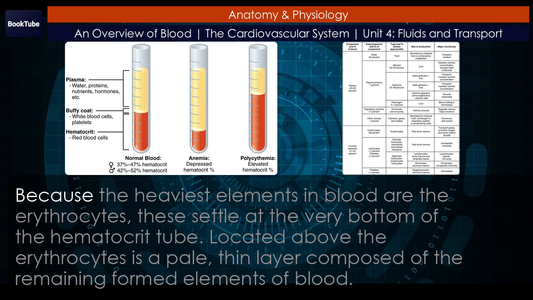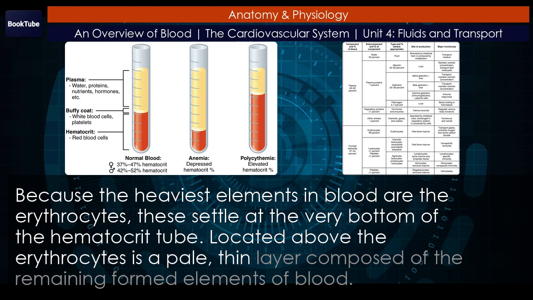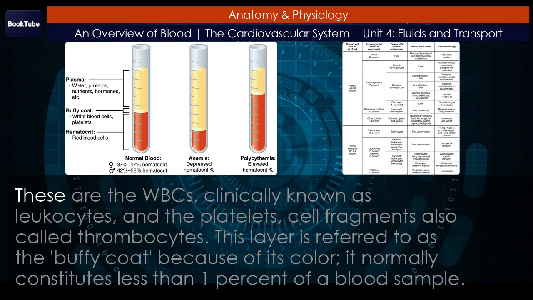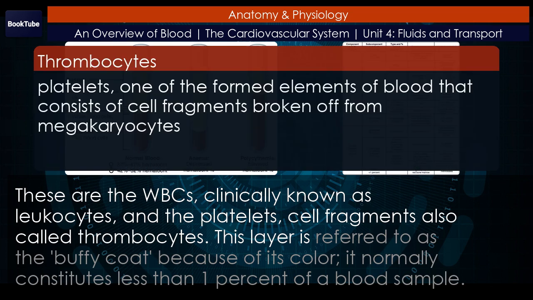Figure 1. Because the heaviest elements in blood are the erythrocytes, these settle at the very bottom of the hematocrit tube. Located above the erythrocytes is a pale, thin layer composed of the remaining formed elements of blood. These are the WBCs, clinically known as leukocytes, and the platelets, cell fragments also called thrombocytes.